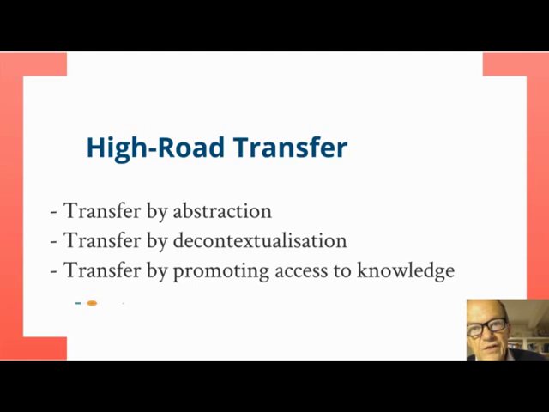Now, this image might serve as a sort of key idea, as a sort of organizing idea, which helps you to remember that there are two types of transfer, low road and high road, because there are two ways in which in this learning triangle you go from one base point to another base point, to the left corner and the right corner, the left concrete experience and the right concrete experience. So the learning triangle is a key idea, is an organizing principle.